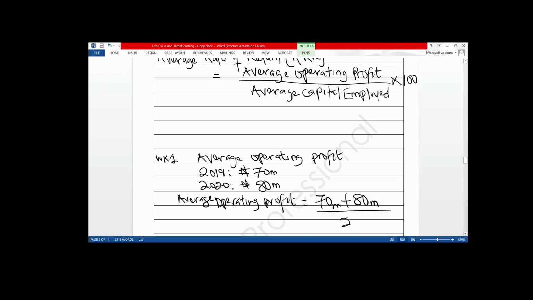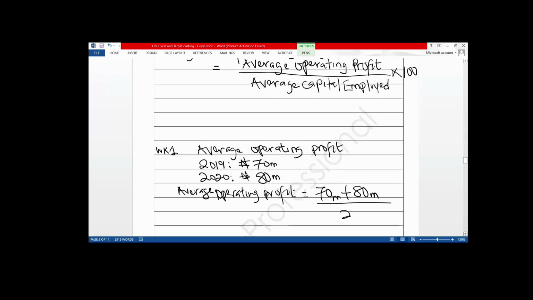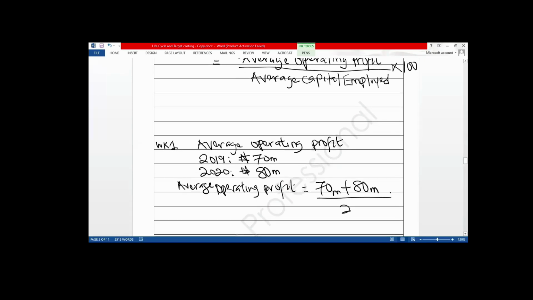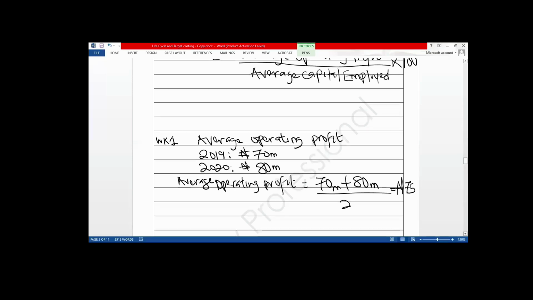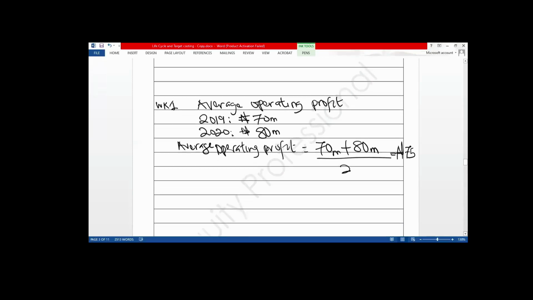Then look for the average. That will give us 75 million. Sorry, I meant to say 75. You have gotten your average operating profit.